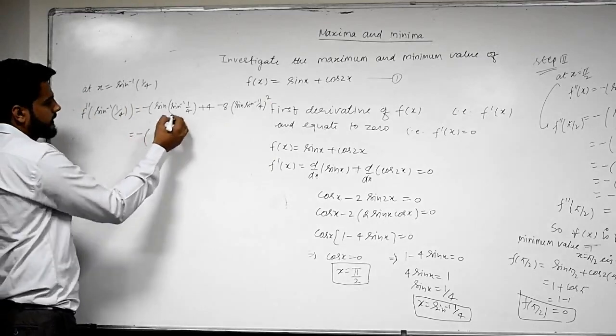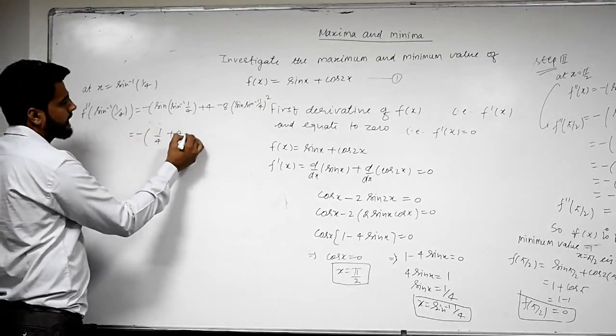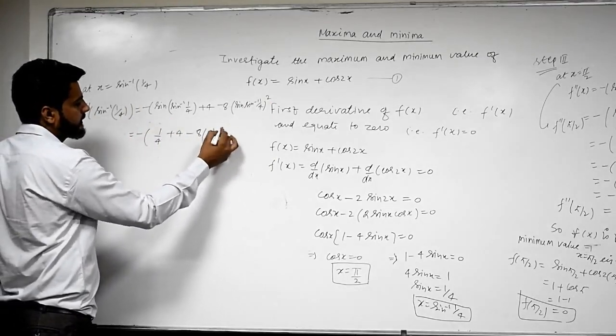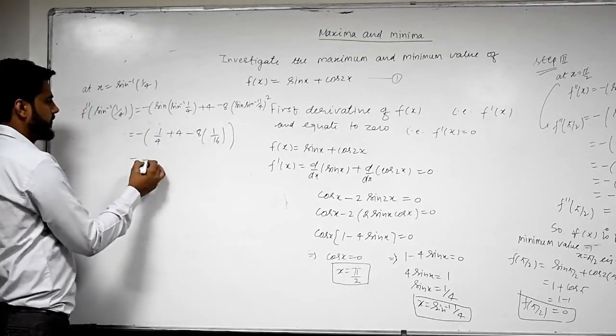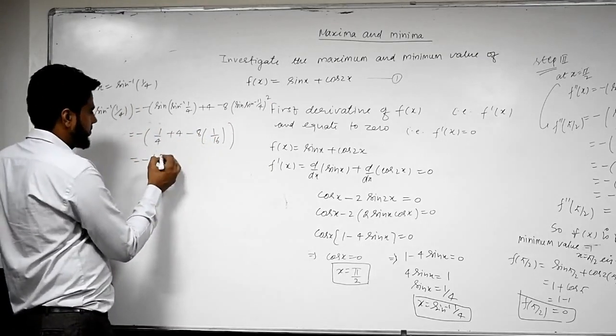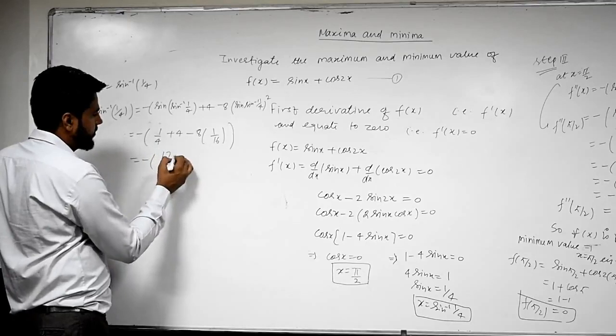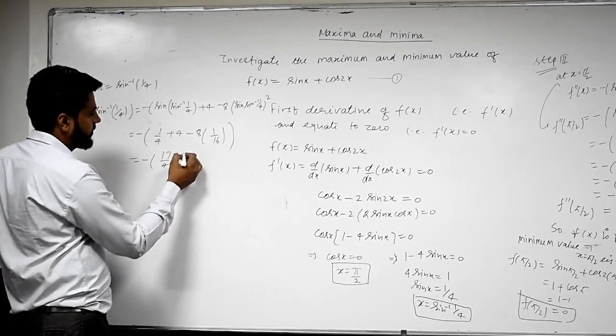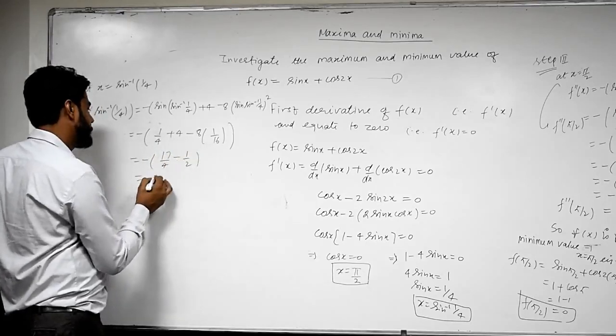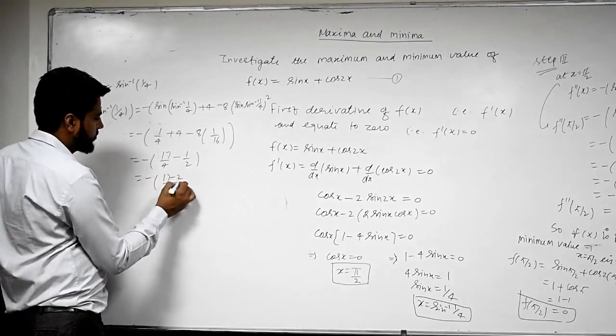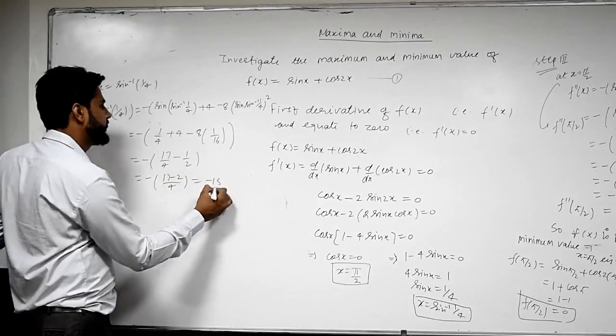This is minus 1 by 4 plus 4 minus 8 into 1 by 16. So this is minus 17 by 4 minus 1 by 2.